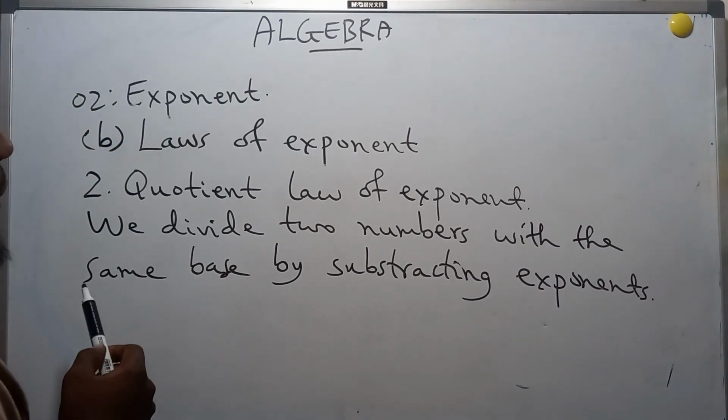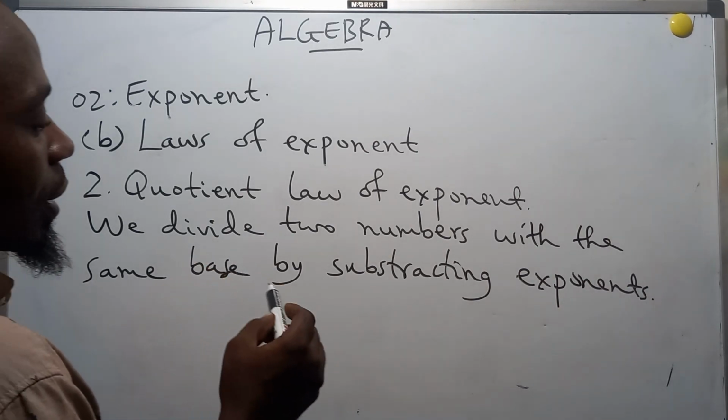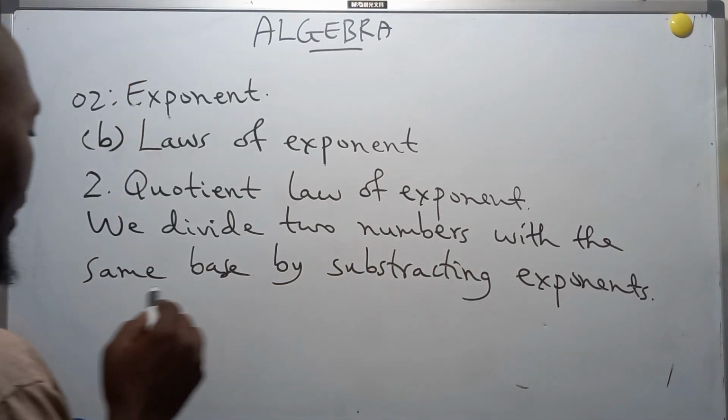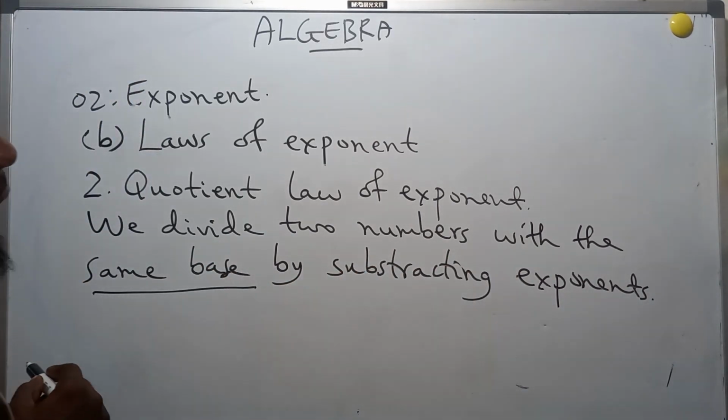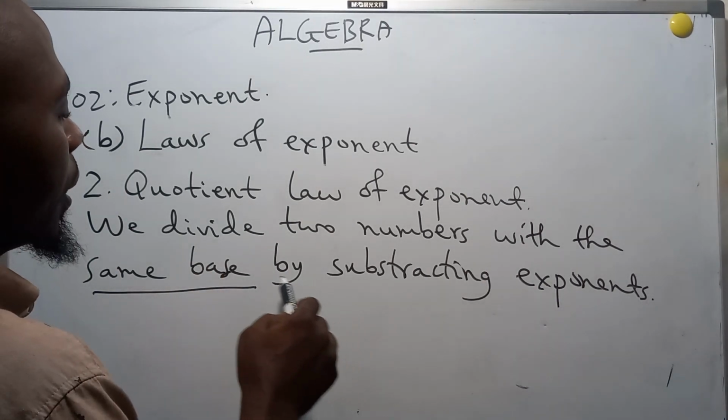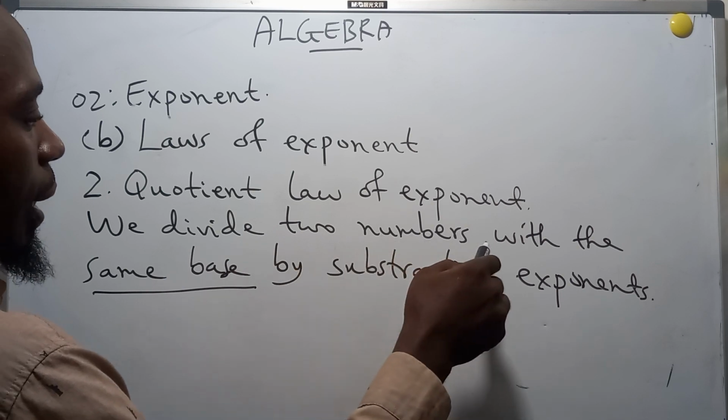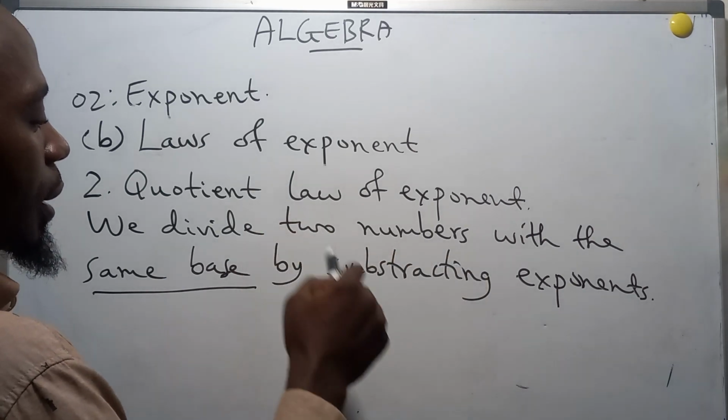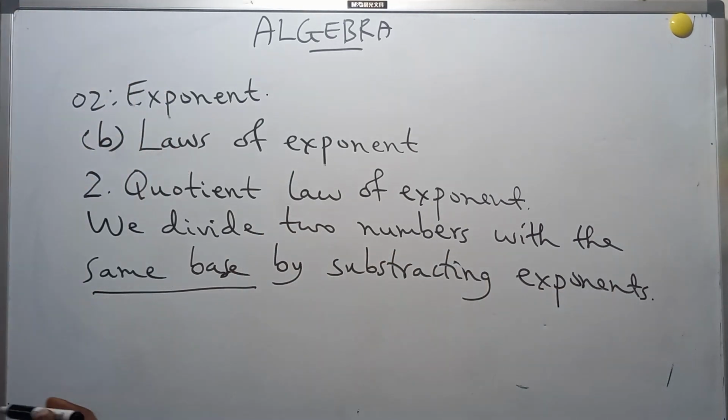This law is valid when two numbers have the same base. In that case, we divide two numbers by subtracting exponents.